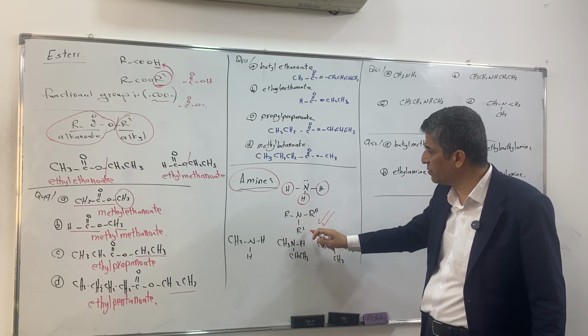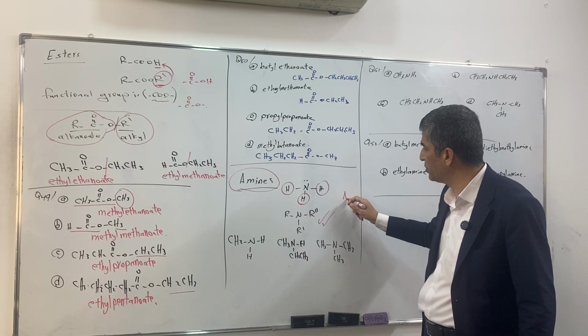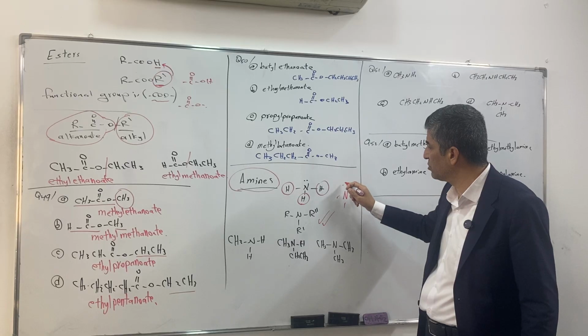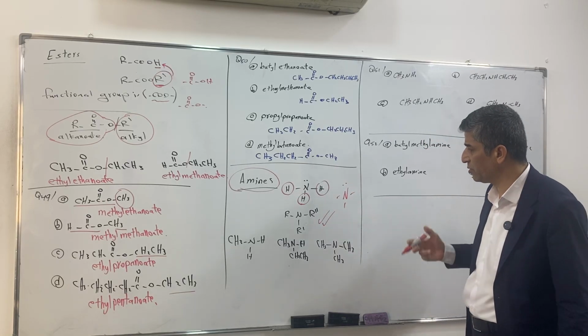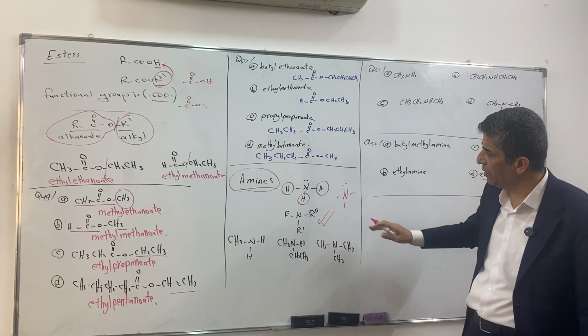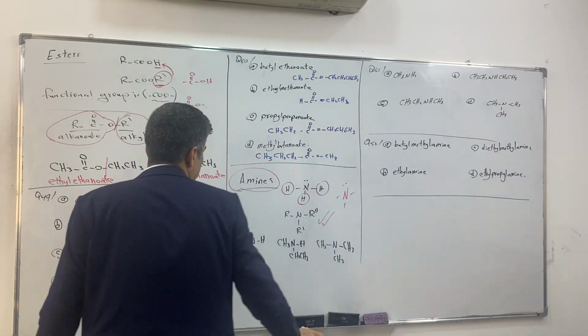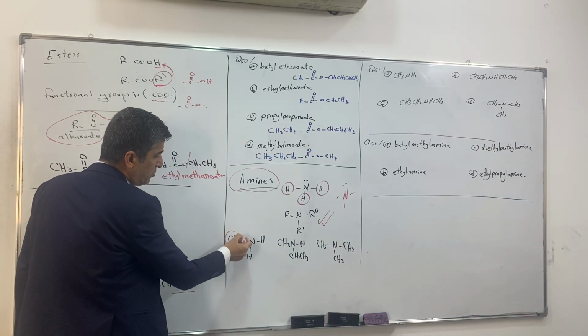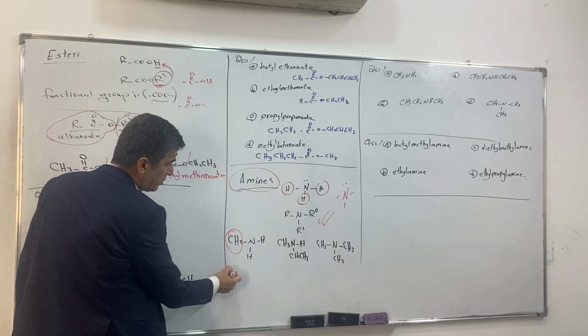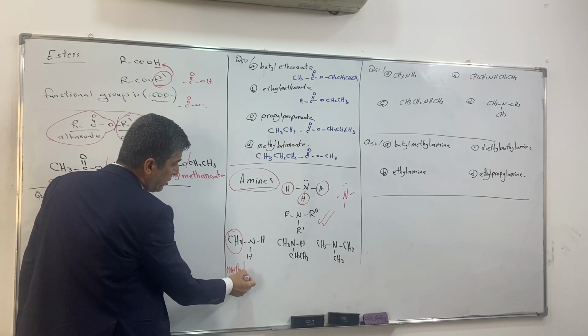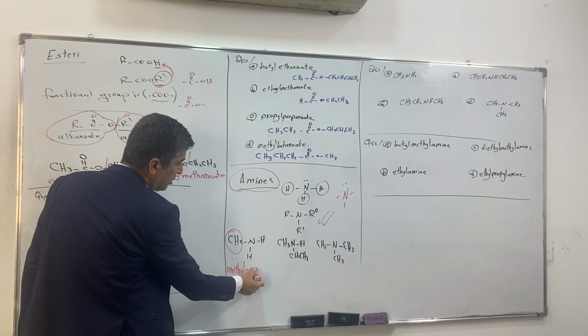This is the general formula of an amine, and the functional group is nitrogen. Nitrogen contains a pair of unshared electrons. When we name amines, just name the alkyl group first. We have methyl here, and then amine: methylamine.